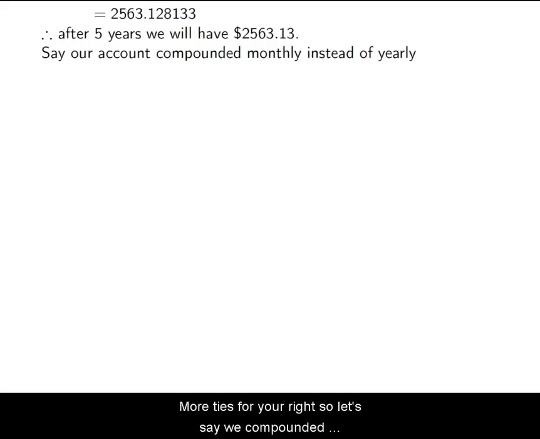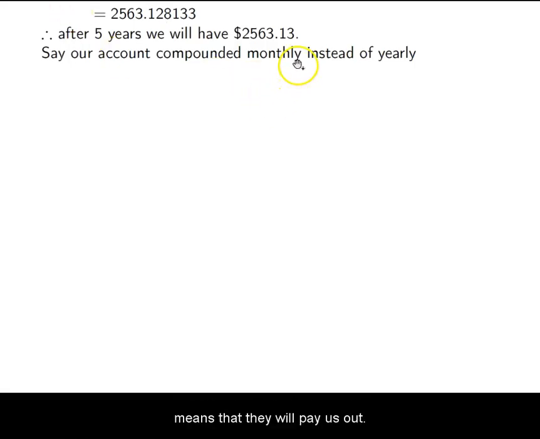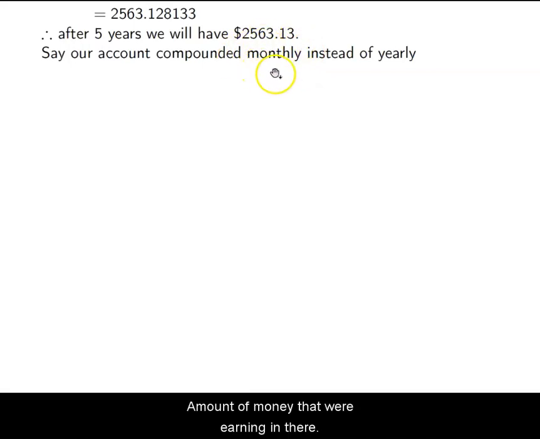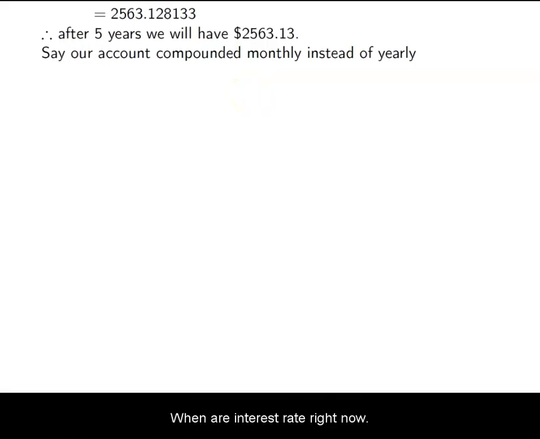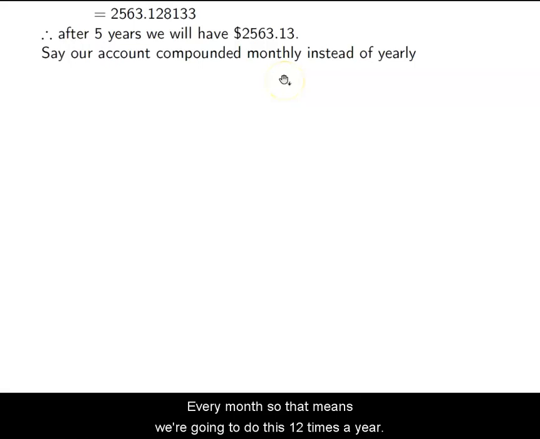Okay. So let's look at this in terms of compounding more times per year, right? Let's say we compounded monthly instead of yearly. There are 12 months in a year, so that means they will pay us out that extra amount of money that we're earning in our interest rate every month. So we're going to do this 12 times a year.